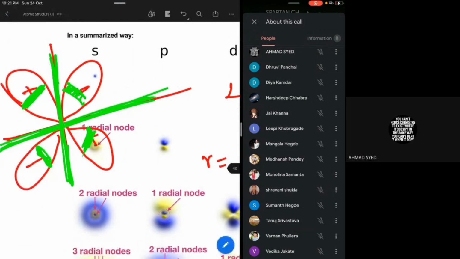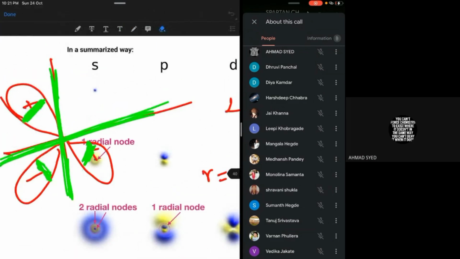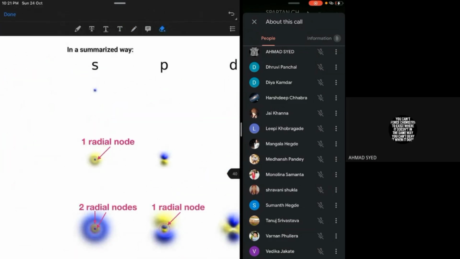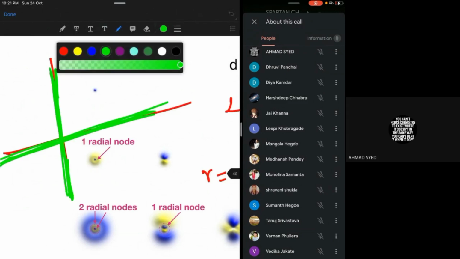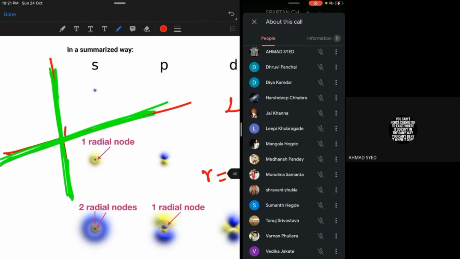So the actual diagram will be. Let me just draw it better. You know what will be the actual diagram? Actual diagram will be like this here, and then there will be vacuum, and then things like this.